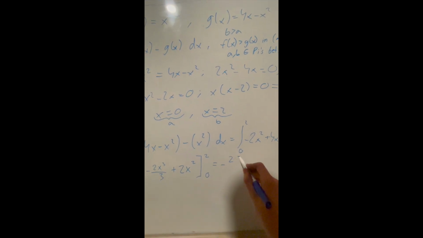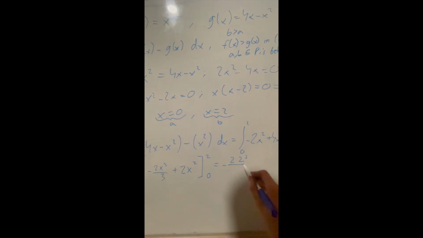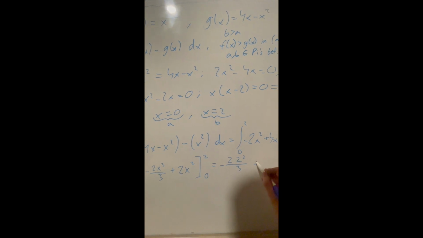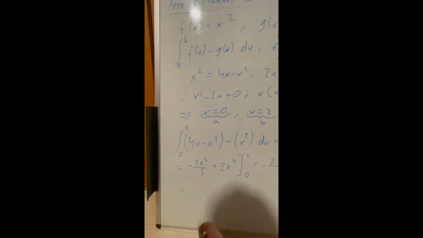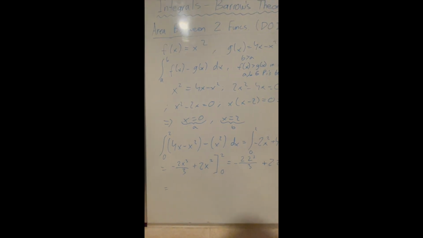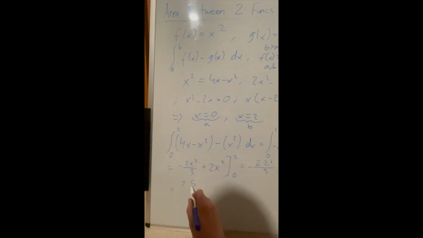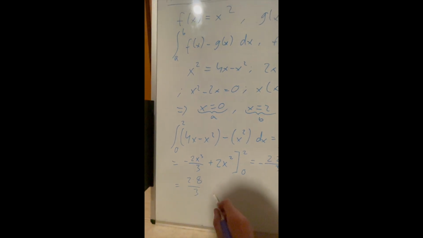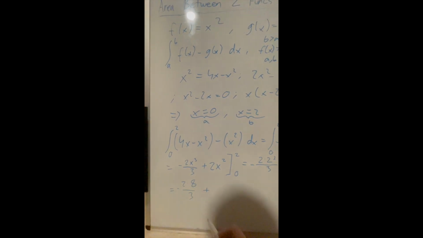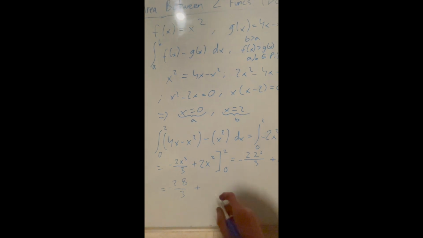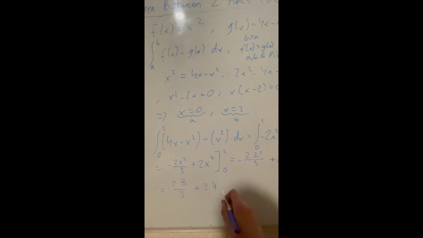Minus 2 times 2 to the power 3 over 3 plus 2 times 2 squared. 2 times 2 to the power 3 is 2 times 8 over 3. This is a negative, and we are adding 2 times 2 squared, which is 2 times 4.